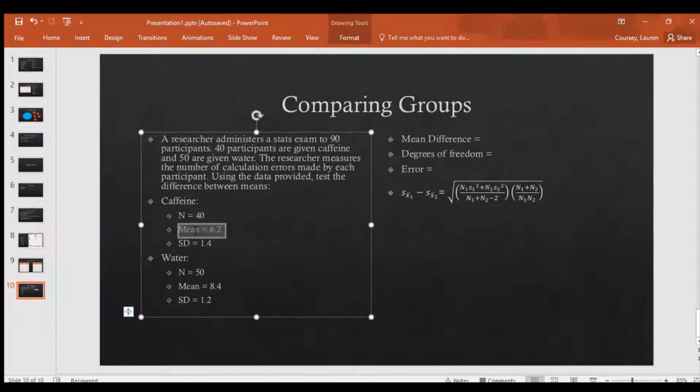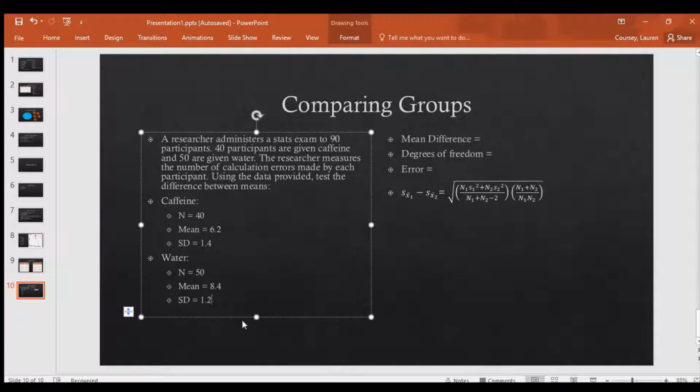They have a mean number of calculation errors of 6.2 for this group, and a standard deviation of 1.4. If we compare that to the water group, we have 50 participants, so an N of 50. Our mean is 8.4 calculation errors. We have a standard deviation of 1.2.